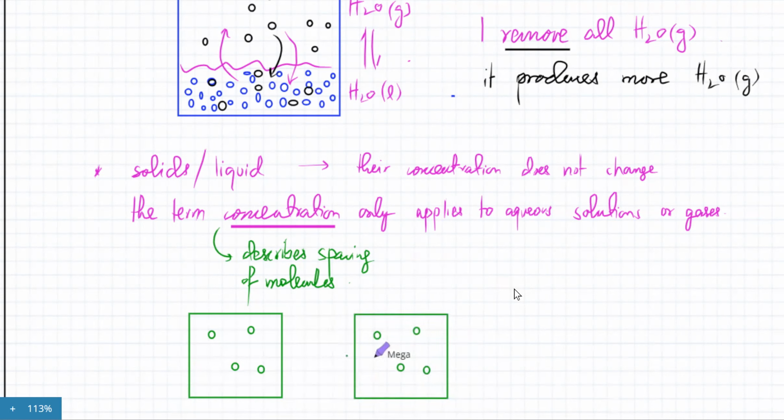But one of them will have lesser spacing because one of them is more concentrated. Because concentration is the amount of particles per unit volume. So that kind of describes how close together or how far apart the particles are.